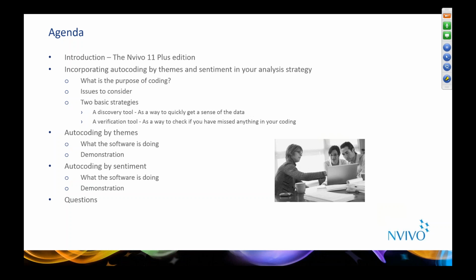I'll talk about two basic strategies: using this tool as a discovery tool, a way to quickly get a sense of the data, or as a verification tool. After you've done your coding, you may want to use it to check if you've missed anything or any ideas in your coding.